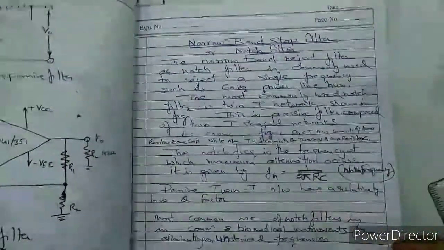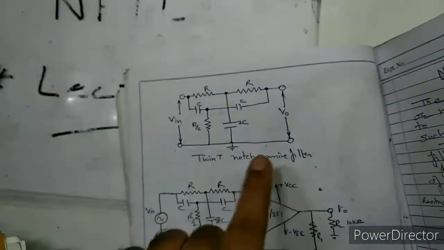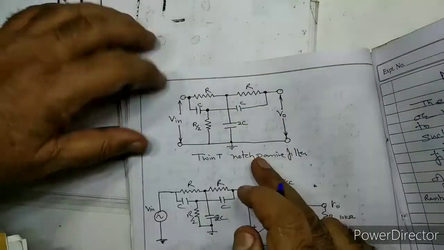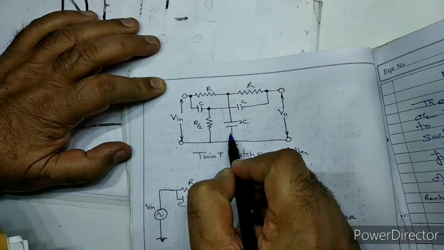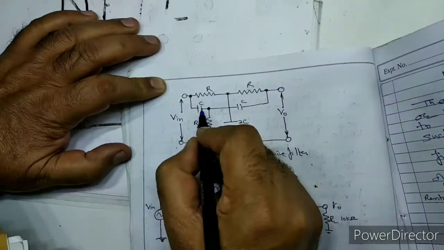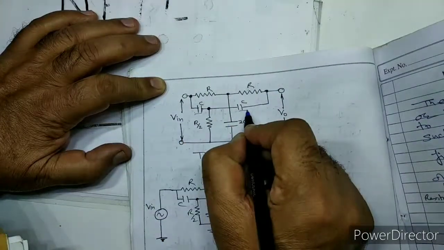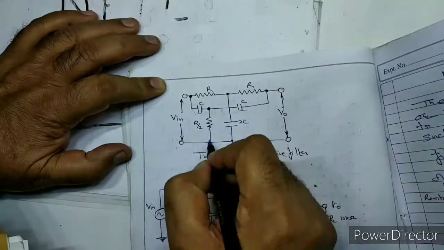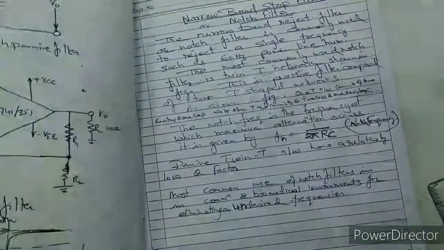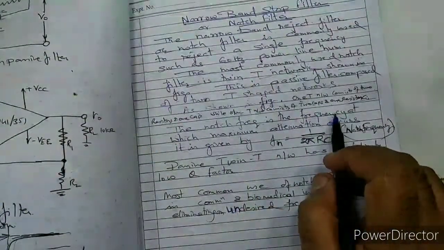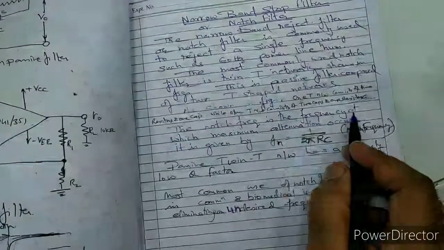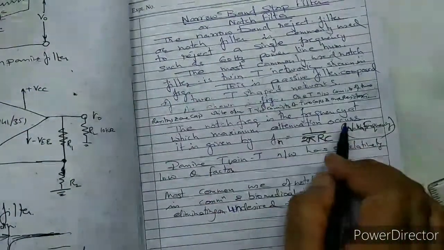We can see the twin T notch passive filter. One T section consists of two resistors and one capacitor. The other T section consists of this and this, two capacitors and another resistor. So this is the twin T section. The notch frequency is the frequency at which maximum attenuation occurs.